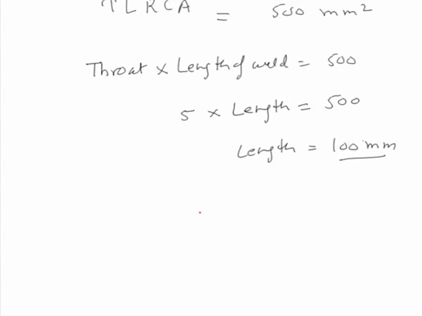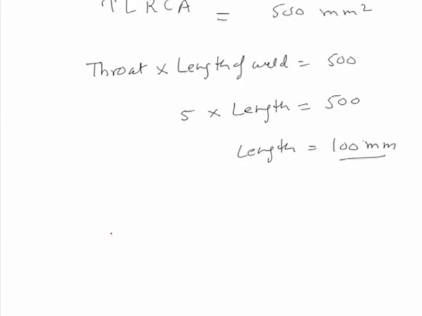Either we can deposit the entire length of the weld in one go, or if we want to deposit the weld in smaller lengths in order to control the residual stresses, then say we have identified that only a 20 mm length of the weld will be deposited in one go.